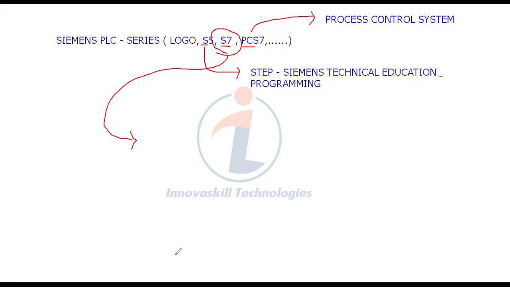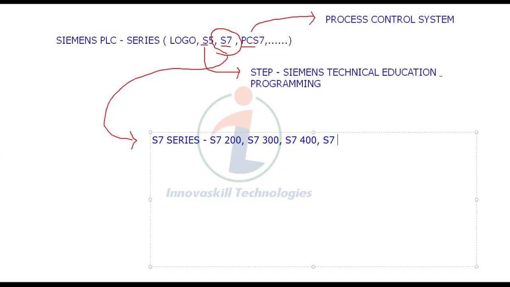In this S7 series, again we have many models. If you take the S7 series, we have many models like S7 200, then S7 300, S7 400, S7 1200, S7 1500.